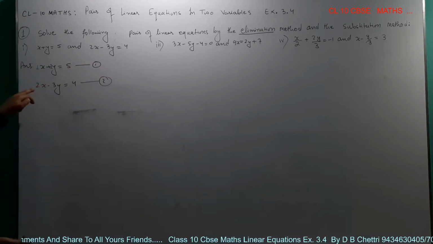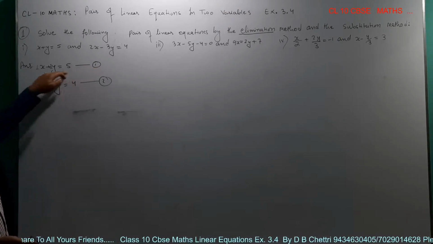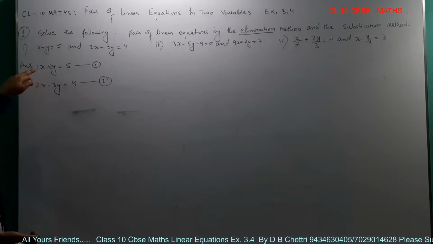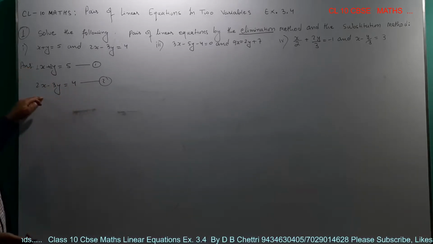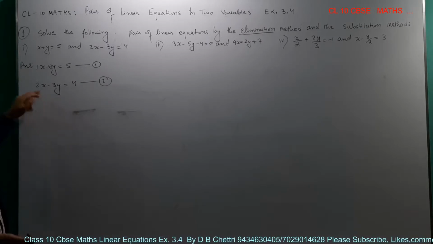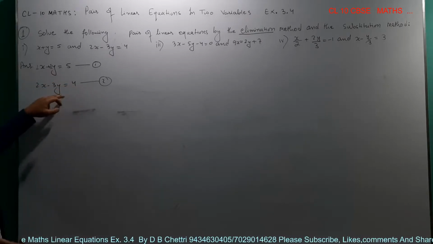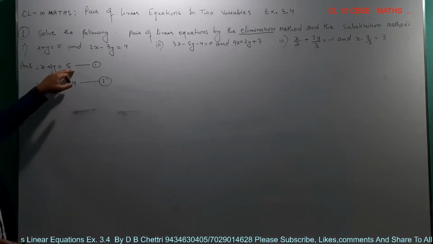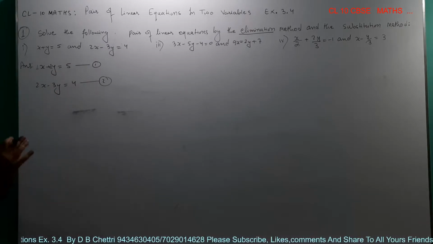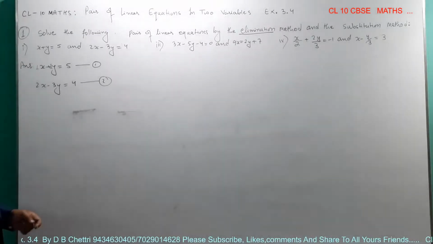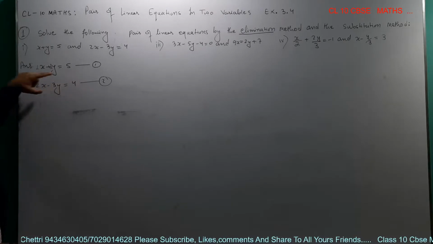Okay, 2 is there, so take this 2 and multiply it to the whole equation 1. Then 1 is there, take this 1 and multiply it to equation 2. If you want to make y the same, take this 1 and multiply it to the down equation, and take this 3 and multiply it to the up equation. It is your choice. If you want to make the coefficient of x or the coefficient of y the same, then exchange their coefficients and multiply the equations.